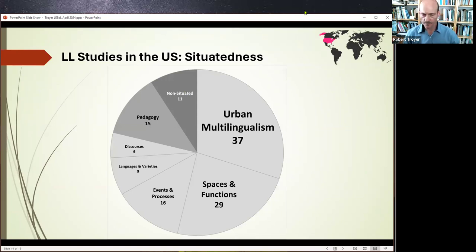What I mean by that is the degree to which a given publication focuses on and is grounded in empirical data collected from a specific geographical location. And then, from there, I broke these studies down into the different kinds of contexts or orientations toward different contexts.